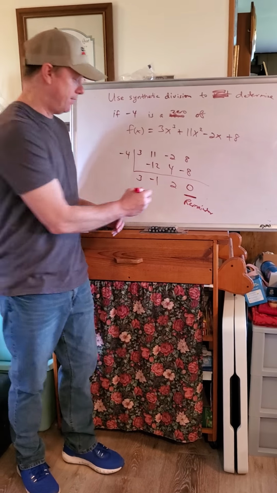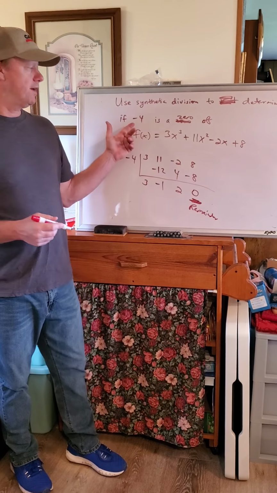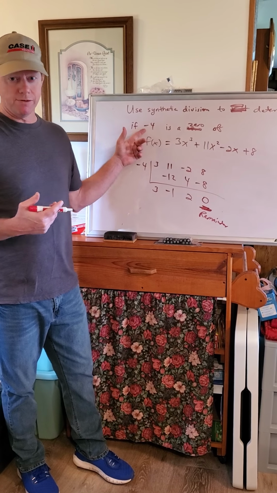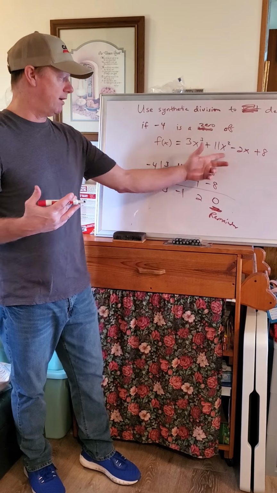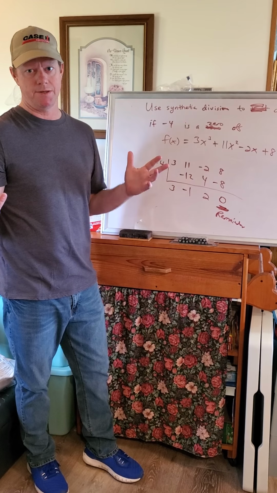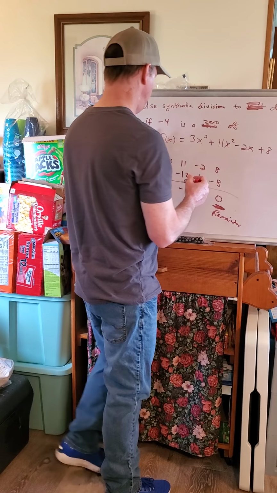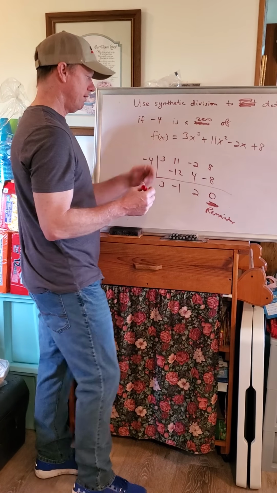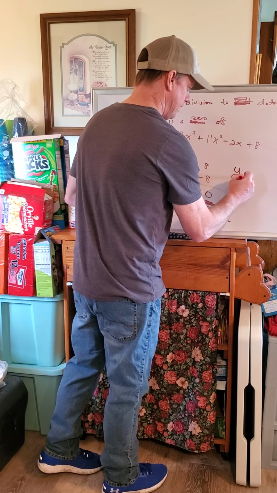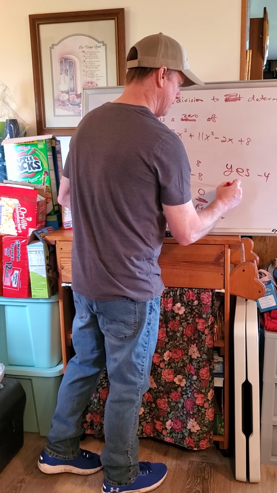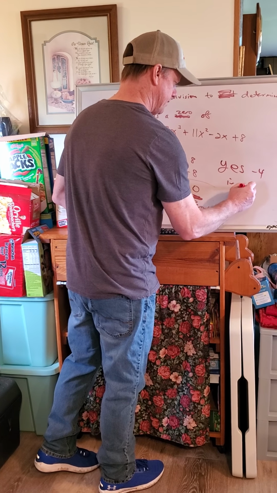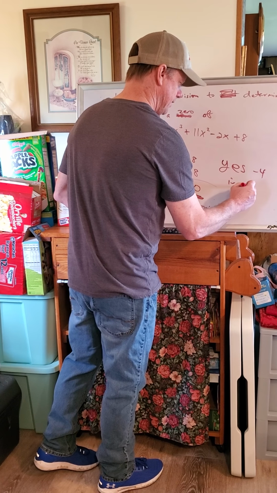If you get 0 for a remainder, then that tells us that negative 4 is a 0 of this function. It is an answer to this function. So is negative 4 a 0 of this polynomial function? Yes, negative 4 is an answer, is a 0.